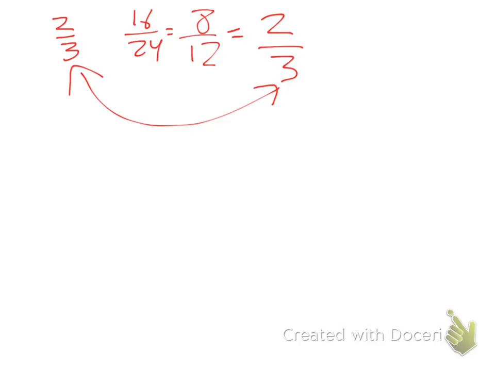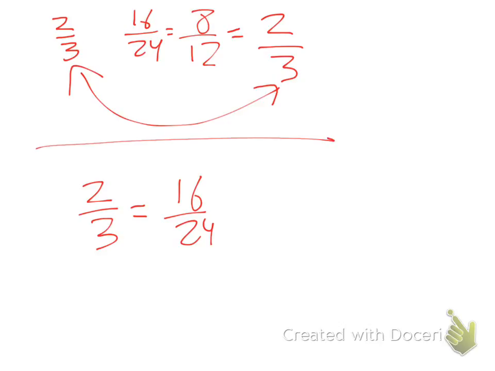So therefore, these are equivalent ratios. Now, watch what happens if I try this. I'm showing you a different method here. It's asking us first, are they equivalent? So what I did was I wrote them down with an equal sign between them to say, yes, these are equivalent ratios.